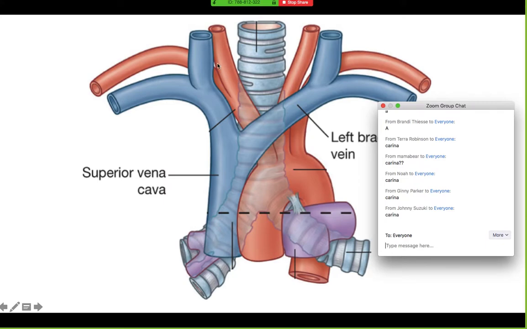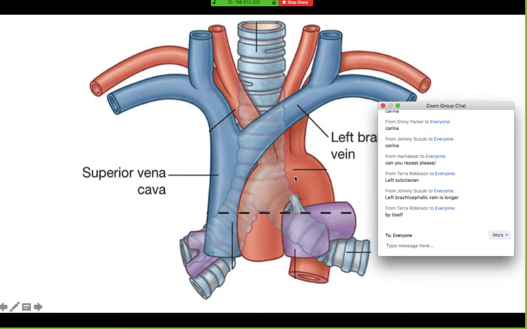Somebody explain to me the left from right difference pertaining to the aorta. What is different about the left subclavian and the left common carotid compared to the right? Okay, I'll repeat.